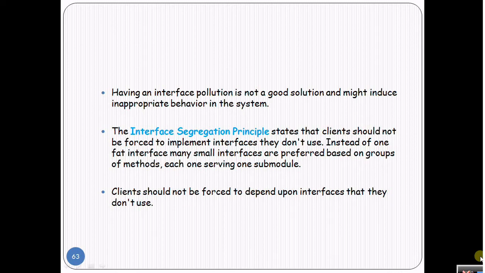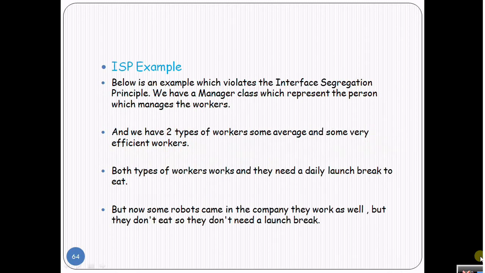The interface segregation principle states that clients should not be forced to implement interfaces they don't use. Instead of one fat interface, many small interfaces are preferred, based on groups of methods, each one serving one submodule. Clients should not be forced to depend upon interfaces that they don't use.